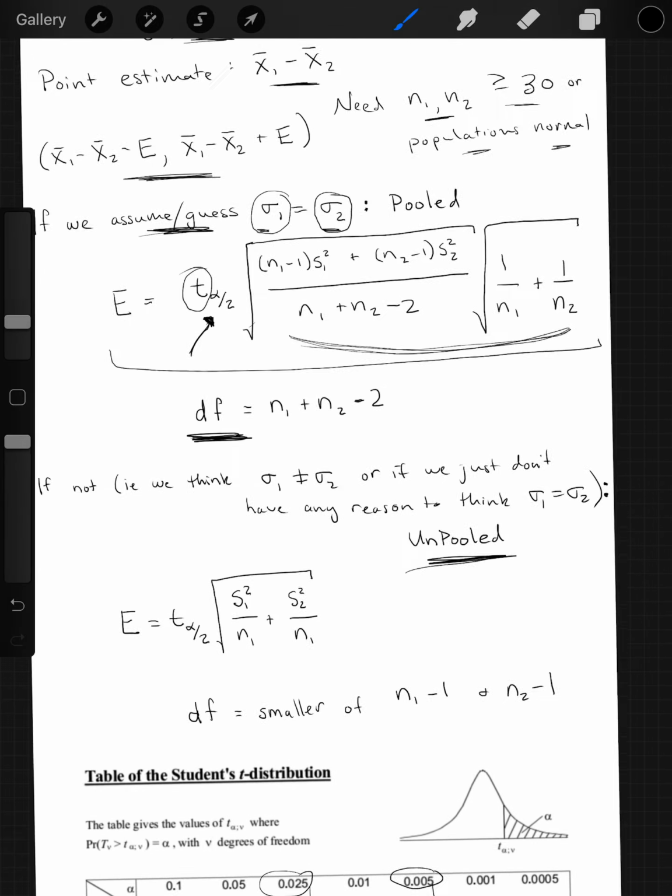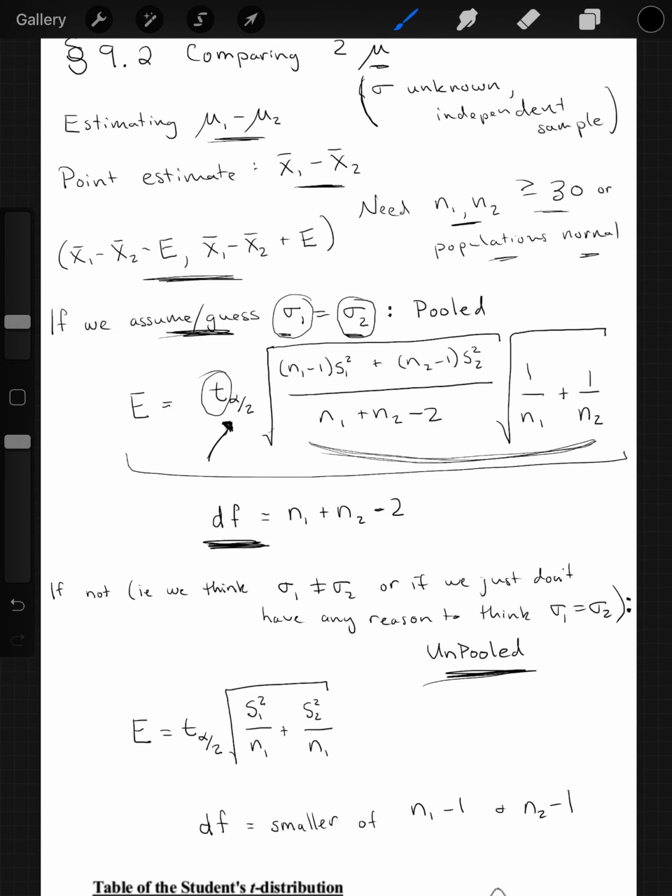Now, the other situation that we might be in is we might not have a reason to think that the 2 standard deviations are the same, right? So this is not the same, by the way, as only having reason to believe that they're not equal, right? If we have no information whatsoever, if the problem says nothing about the population standard deviation, then we have no reason to think it's equal, and we're here in the second case with unpooled data.